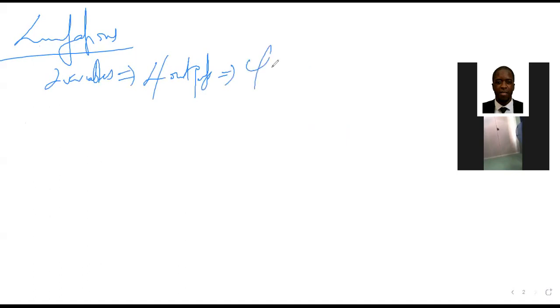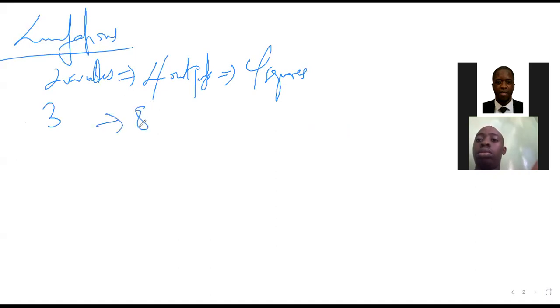So if I have a circuit with two variables, it means I have four outputs. It means four squares on our Kano map. If I have three variables, I have 8. 4, I have 16. 5, I have 32.